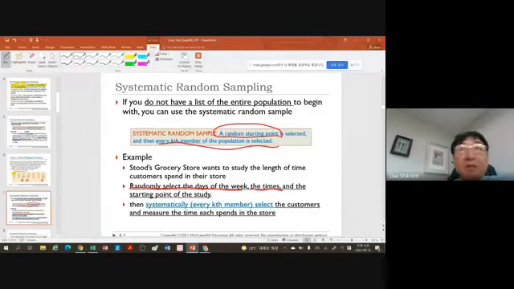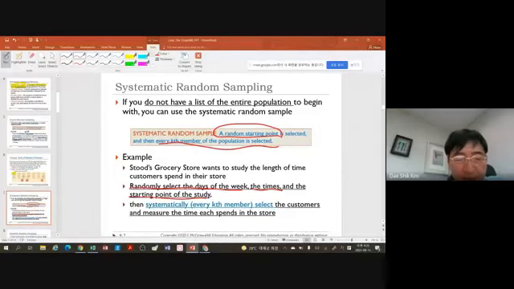What time? Maybe 2 p.m. So we randomly select the date and time, and the starting point. Let's say 10 customers are there currently. You close your eyes and pick the very first customer to be tested randomly. And then every fifth customer, or every sixth customer, or something like that. Every k-th member will be selected systematically.